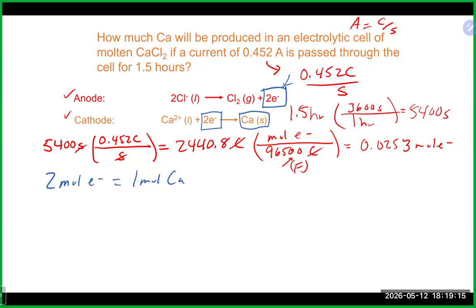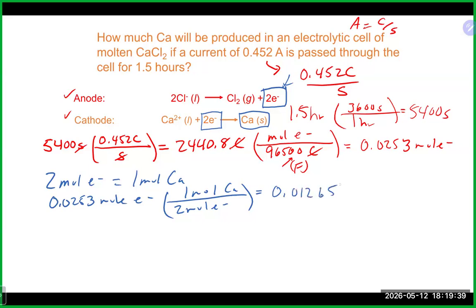We're going to use that as a conversion factor to get to moles of calcium, starting from 0.0253 moles of electrons. Again, opposites cancel, so 2 moles of electrons on the bottom, 1 mole of calcium on top. We end up with 0.01265 moles of calcium.